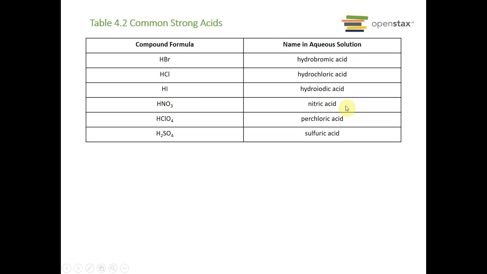Nitric acid is a little bit on the dangerous side because it can be used to make explosives, so it's fairly regulated. Again, I can't think of a common use for that. And actually the same is true for perchloric acid, because perchloric can be used to make explosives as well. But sulfuric acid is used to open drains. You can buy that in the hardware store.